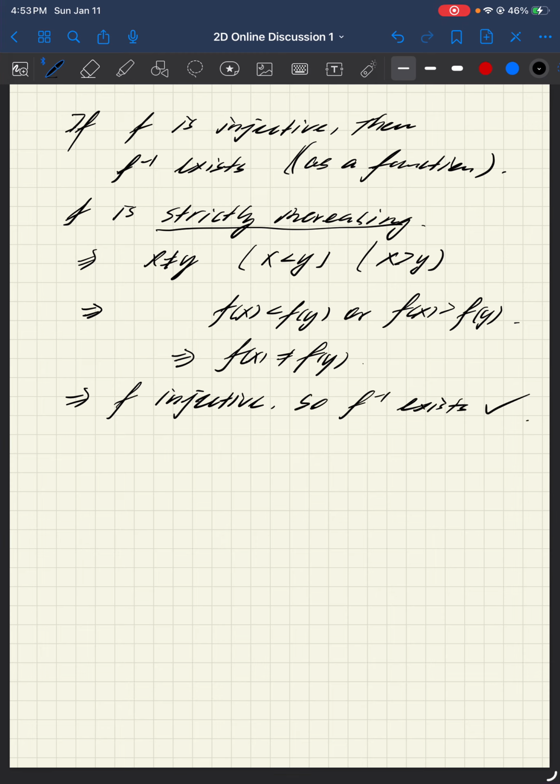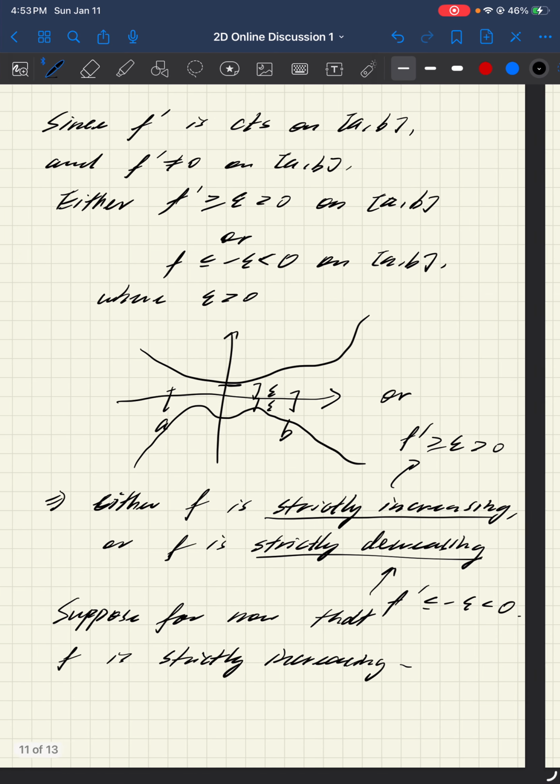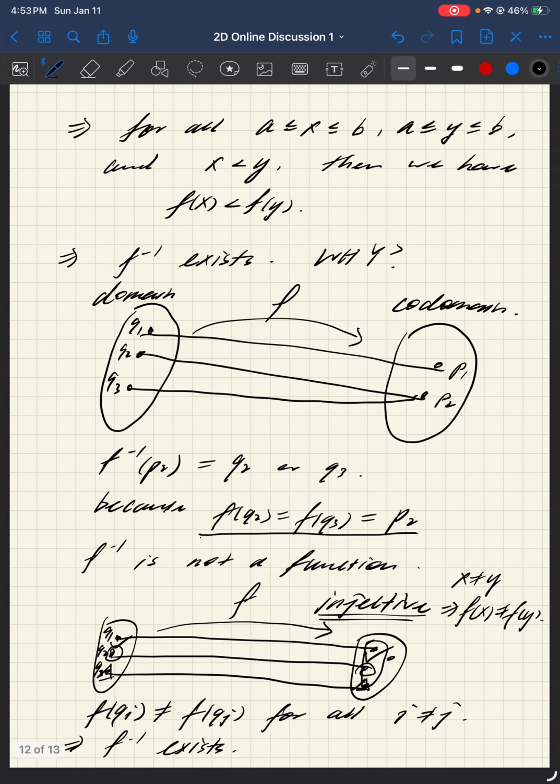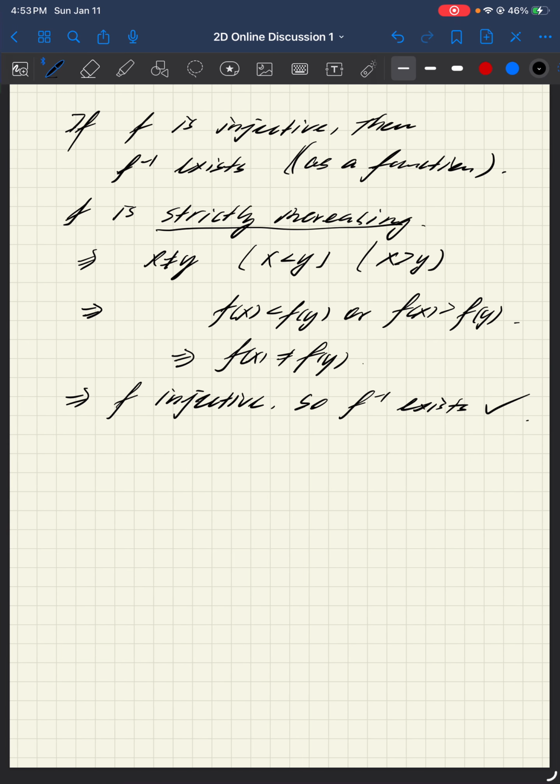Perfect. Then I can just define my big F to be such. Then we are done. But notice that I can actually relax the condition.